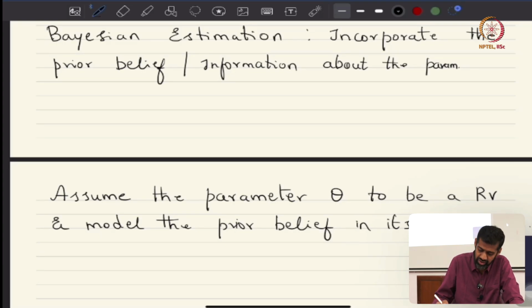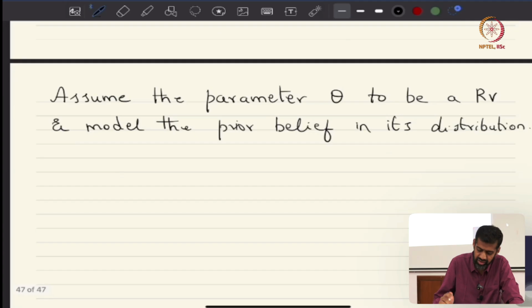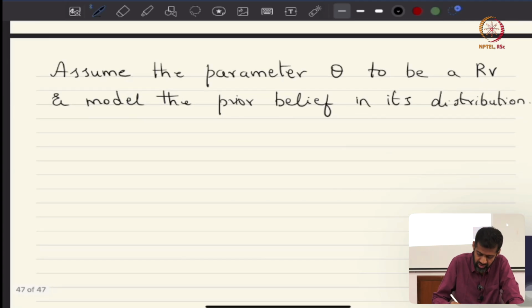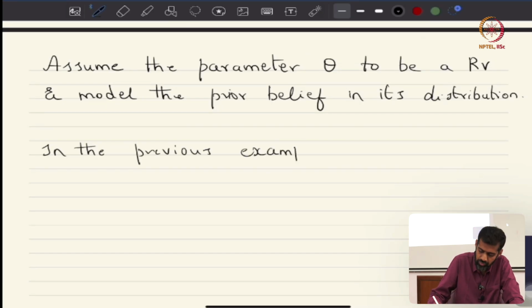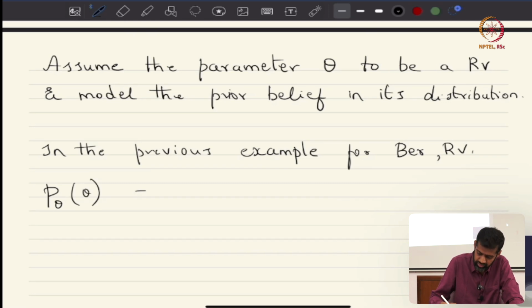Now in the example that we considered previously, the Bernoulli random variable, you can assume, let us say, p_theta(theta), which is a distribution on theta, to be having a distribution of this sort.